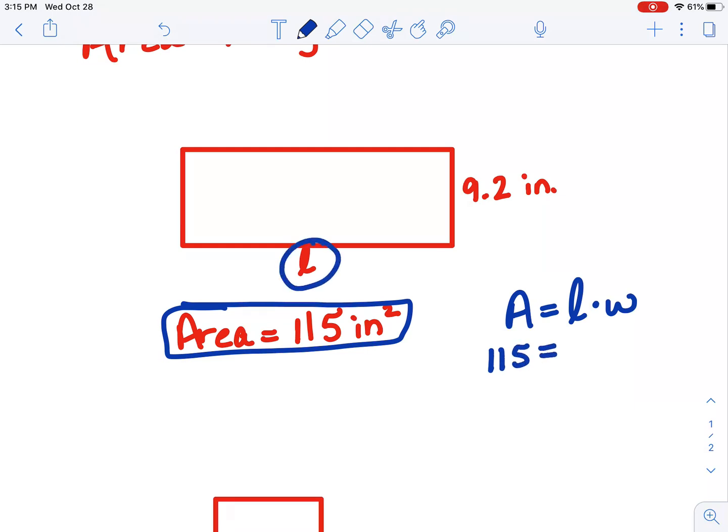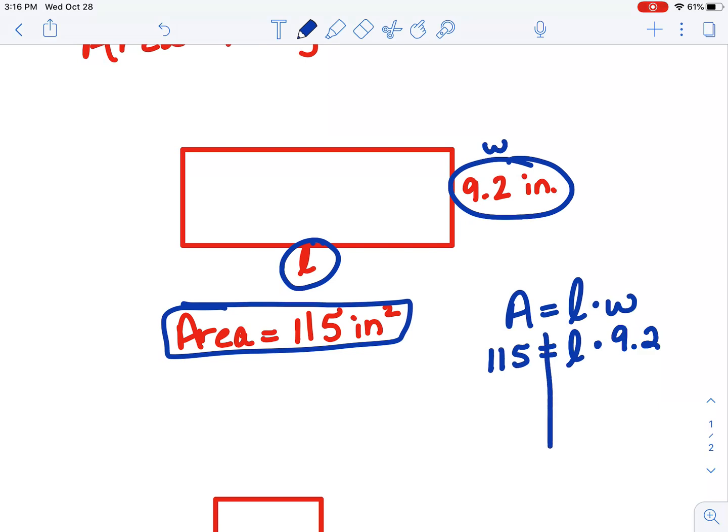We don't know the length, so we're going to leave that the variable L. Bring down the multiplication sign. This is our width, so we know that our width is 9.2, so we're going to replace that W with 9.2. So see why we did that substitution back earlier.